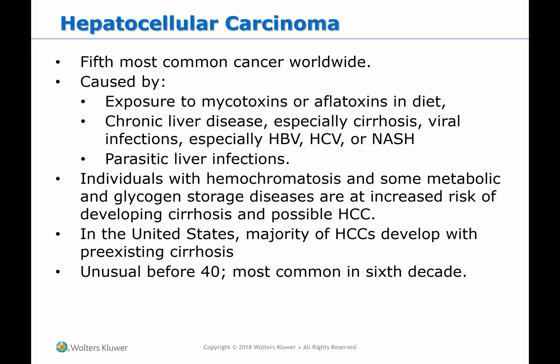It's like the fifth most common cancer in the world. It could be caused by toxins and diet or chronic liver disease, especially cirrhosis, viral infections, some hepatitis, or parasitic liver infections.